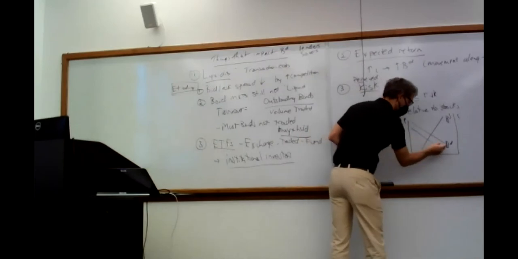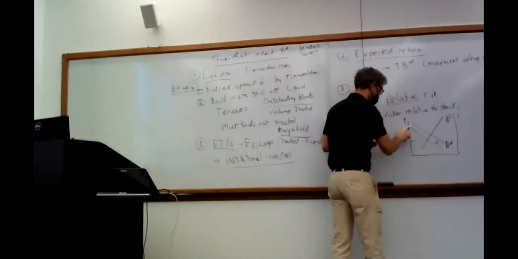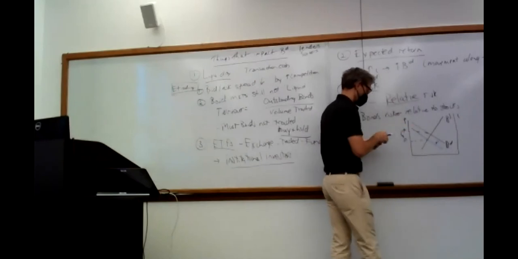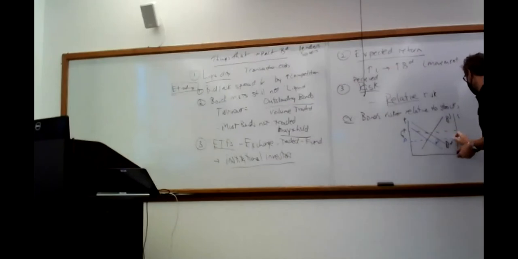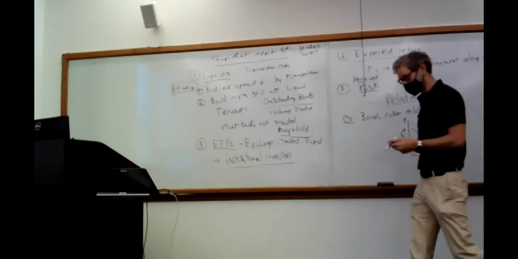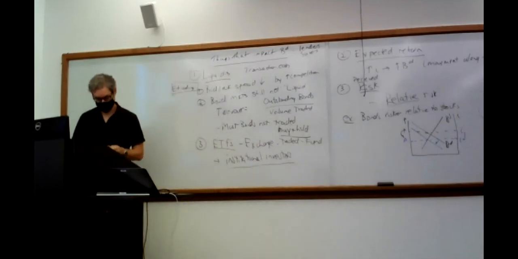Bond prices go down, right? And if bond prices go down, what happens to yields? They go up. Remember, it looks like it's going down, but it's actually going up.